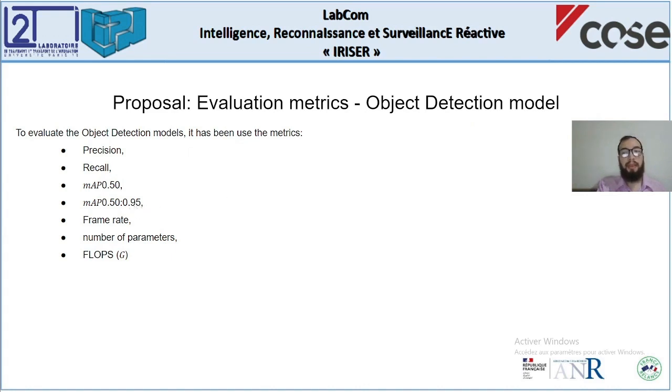We also analyzed the frame rate to see how fast the system is at processing these images, the number of parameters to get an idea of the model's size in relation to the quality of its answers, and the FLOPs, a calculation metric of our system.